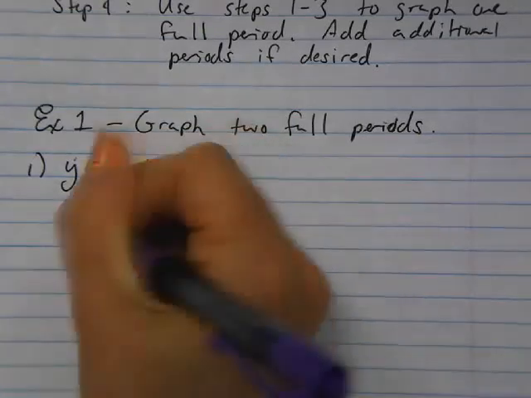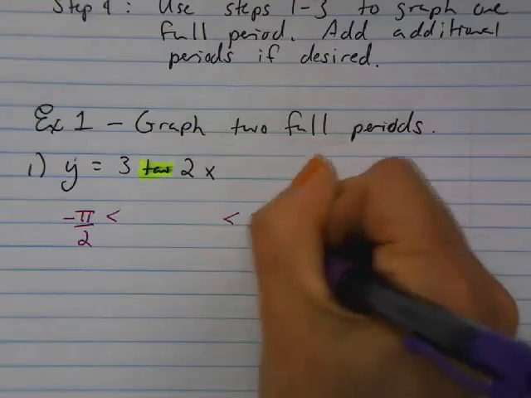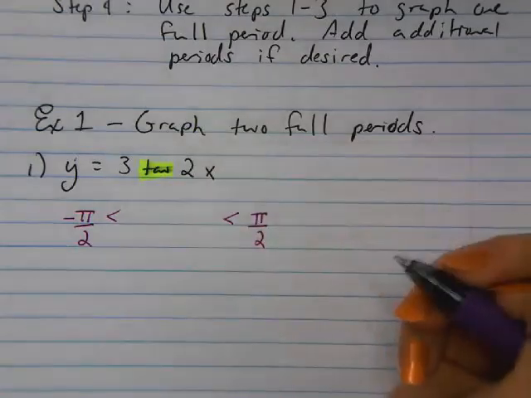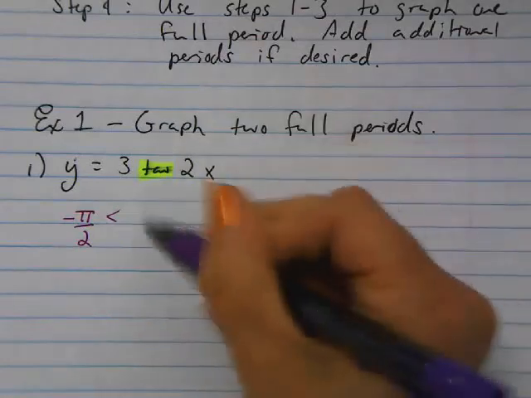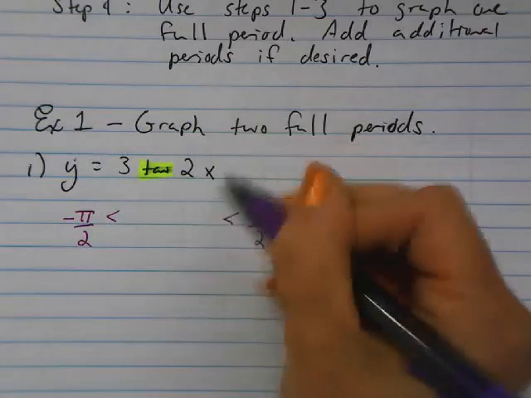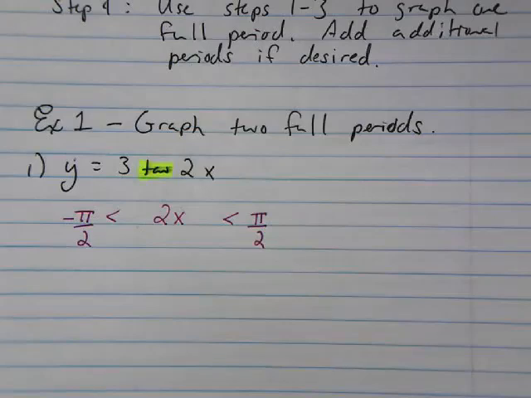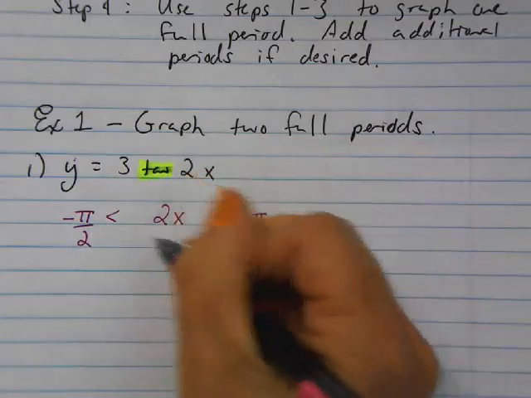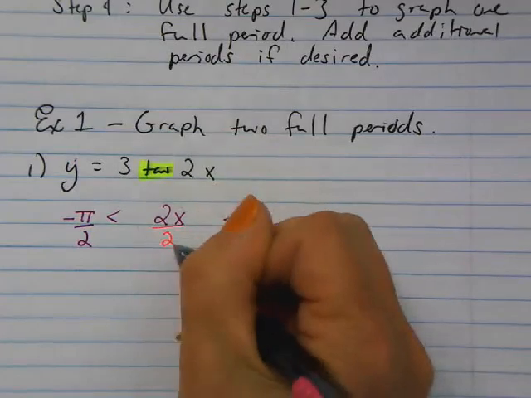And then it says to put bx minus c in the center, so I'm going to put 2x there. Now we're going to solve. To get x by itself I'm going to divide by 2. Divide the middle by 2, and I have to divide each of these by 2. So I end up getting negative pi over 4 and positive pi over 4.